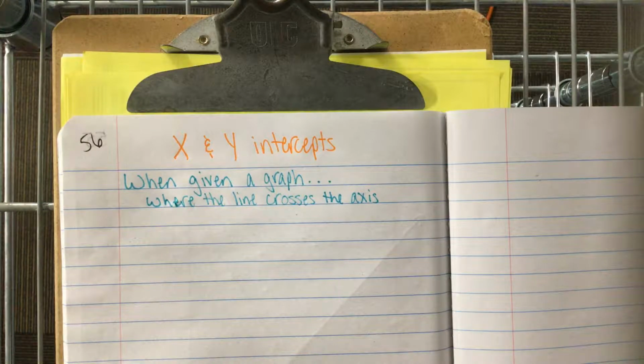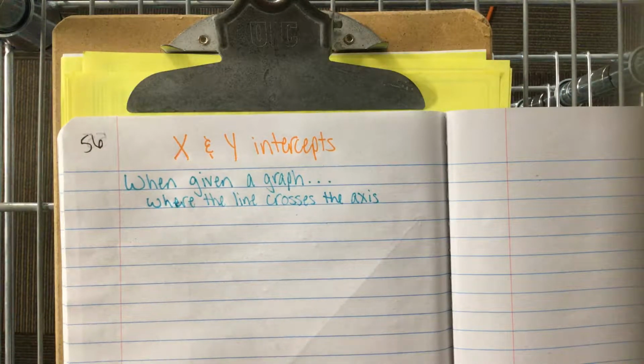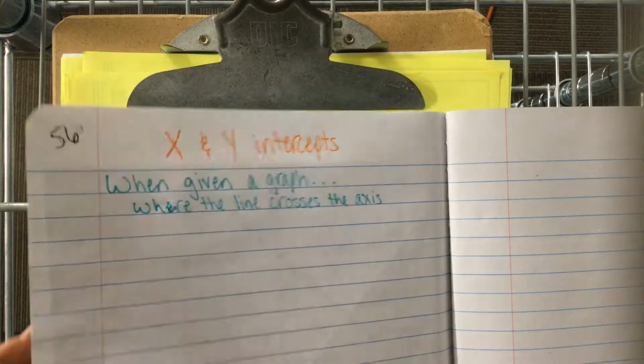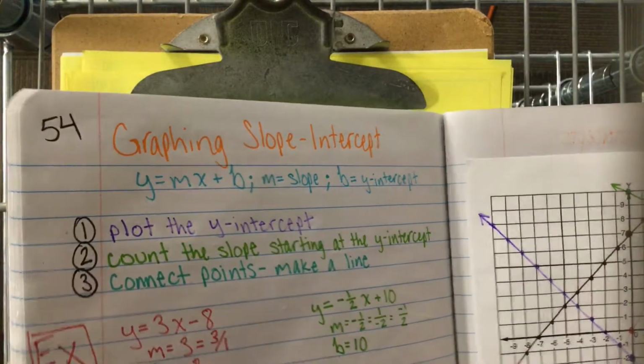It's just where the line crosses the axis. So, let's look back at the graph that we have on page 55.